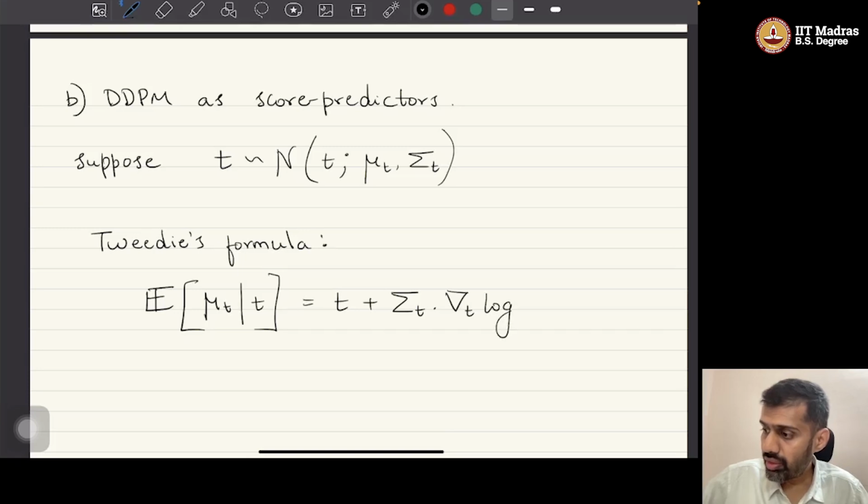log p of x_t, where p_t is the distribution from which we are sampling x_t, which is the normal distribution in this case.